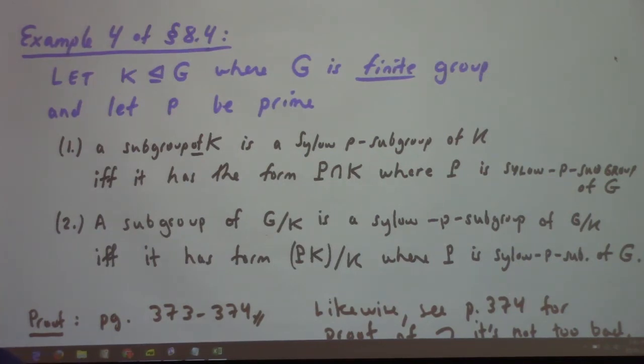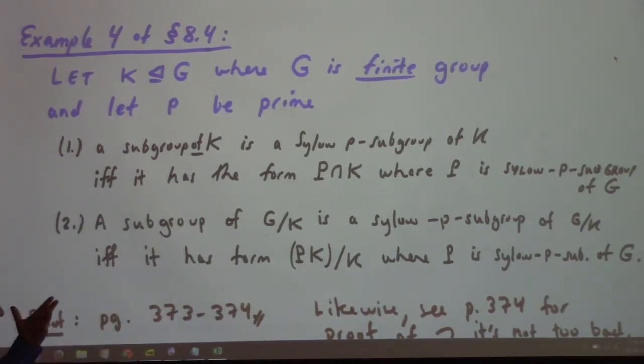They are formed by intersecting a Sylow P subgroup of the supergroup in which the group fits. So if you're looking for the Sylow P subgroups of a subgroup, they have to appear as intersections of the Sylow P subgroups of the larger group in which K is fitting. It's a very, very natural result.